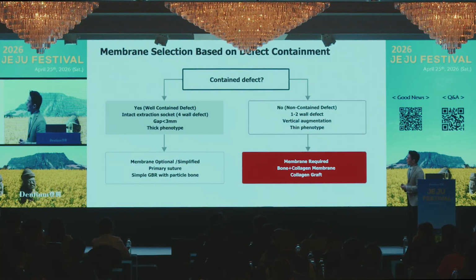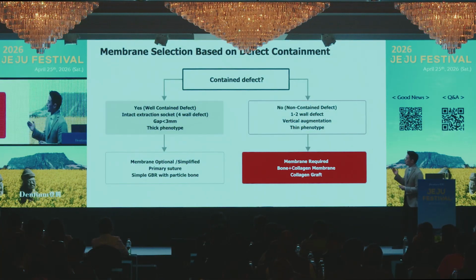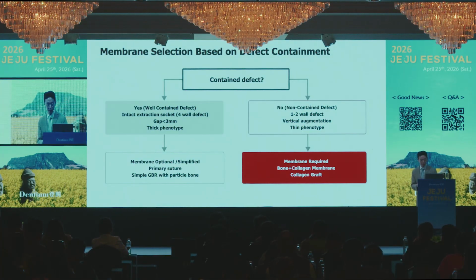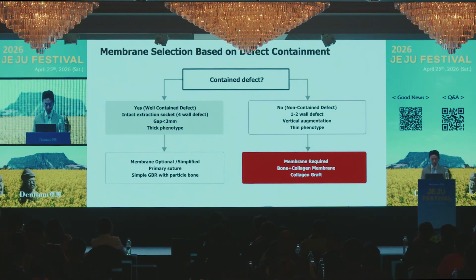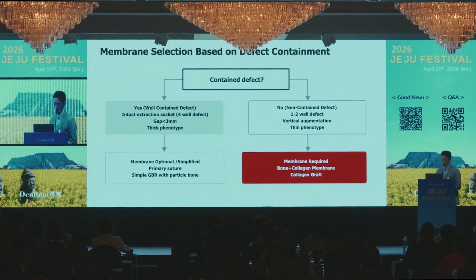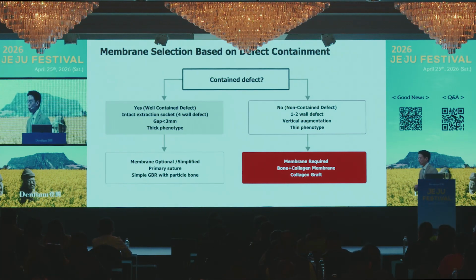First, if the defect is a well-contained defect, such as an intact four-wall extraction socket, or the gap is less than 3 mm, especially in patients with a thick phenotype, the use of membrane is optional or simplified.